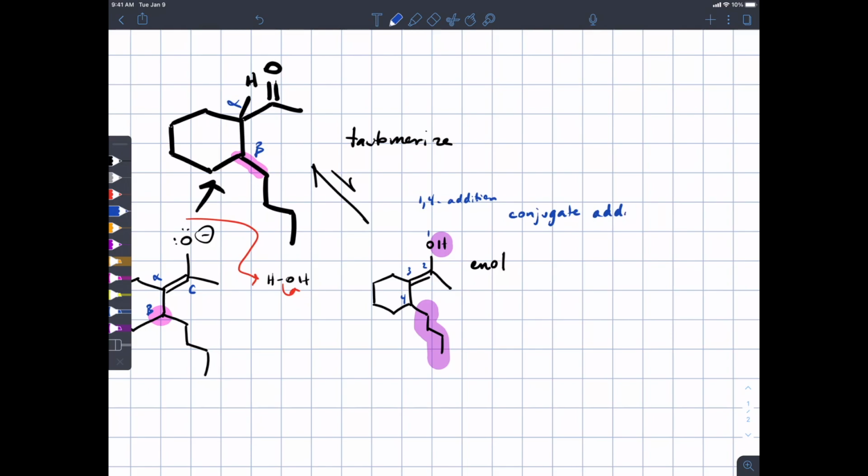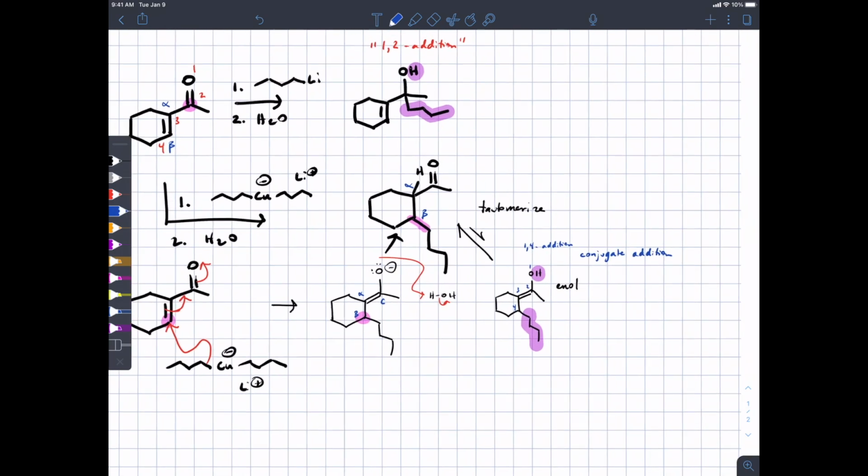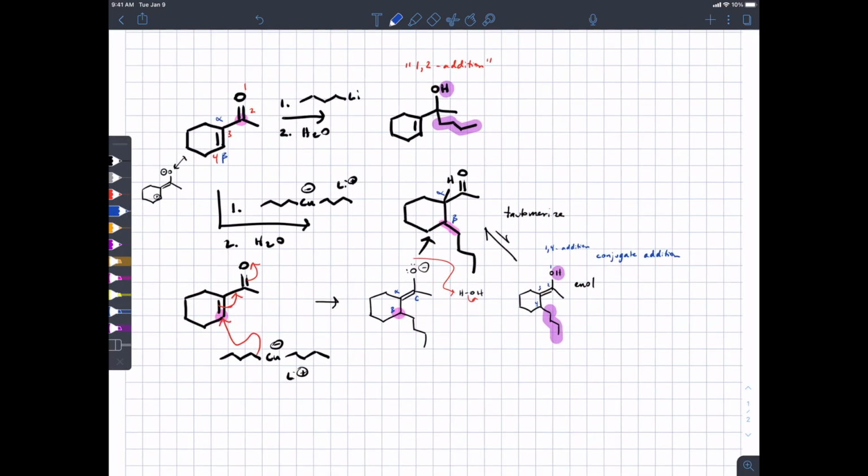And we'll see some more examples of that a little bit later on. All right, so when you see a ketone and something's bonded to the beta carbon, you might need to be thinking, okay, I could have made that by addition of a cuprate to an alpha-beta unsaturated ketone. All right, questions about that?